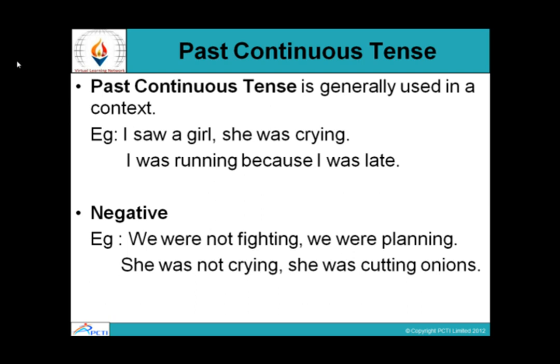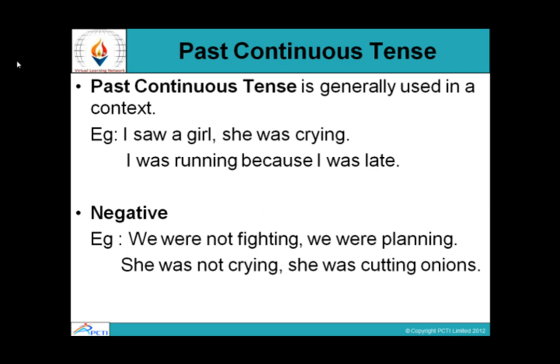How to make negative sentences? I'm sure by now you all know the formula very well of changing a sentence into negative. To change a sentence into negative, we need a helping verb.